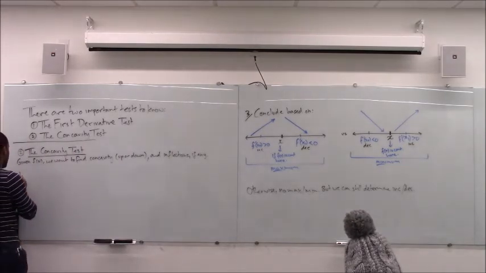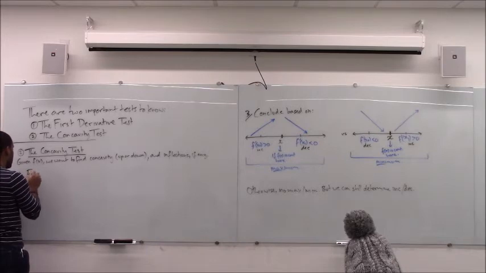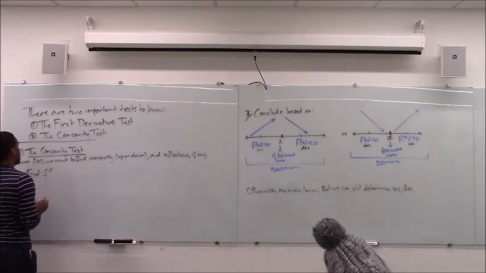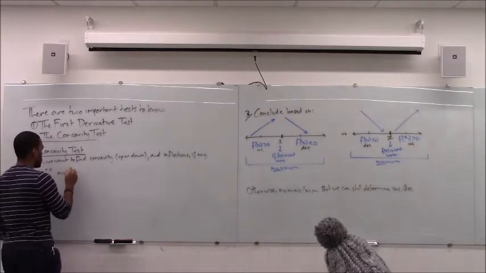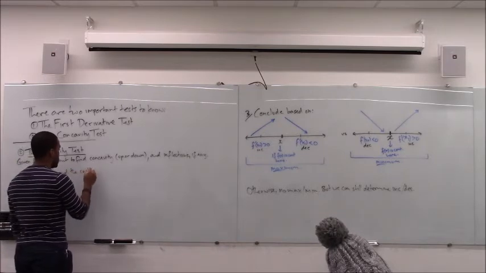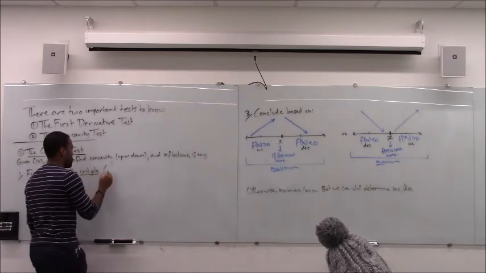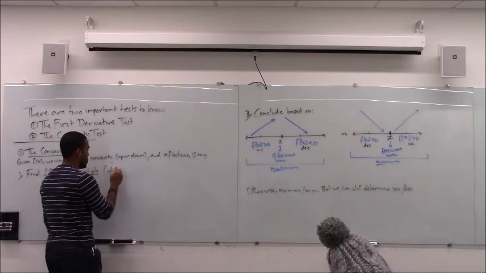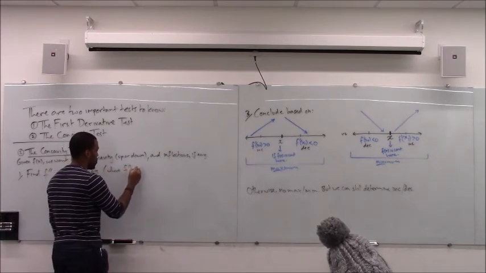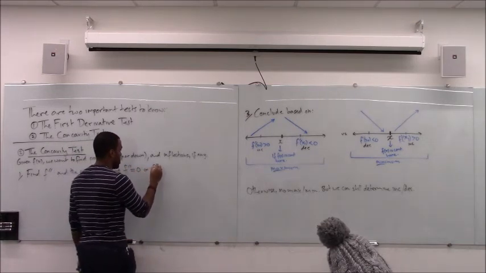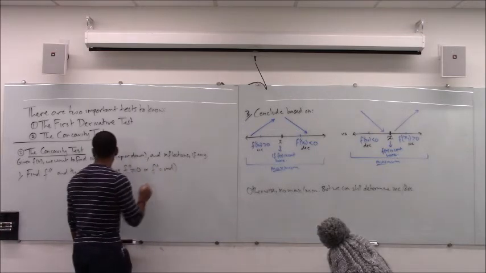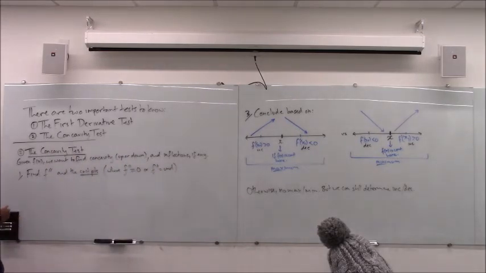Now in step 1, you're going to find the second derivative and the critical points. So, of course, once you find the second derivative, figure out where it is 0 and where it is undefined. Okay, you're going to find all that.